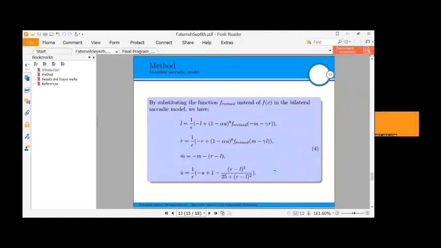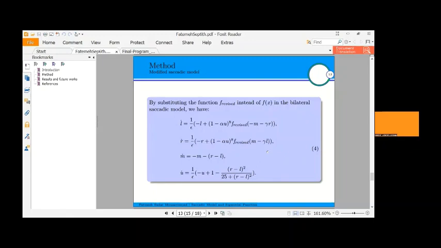By substituting the function f revised instead of f of x in the bilateral saccadic model, we have L dot, R dot, M dot, and U dot. Actually, the modified model has greatly improved the main model by solving the lack of differentiability.